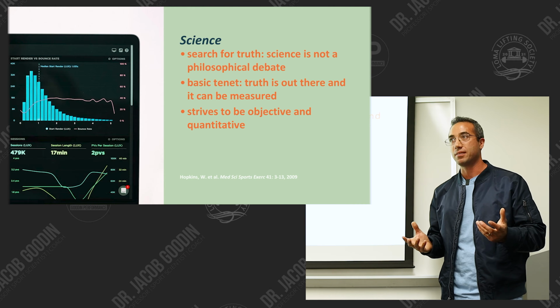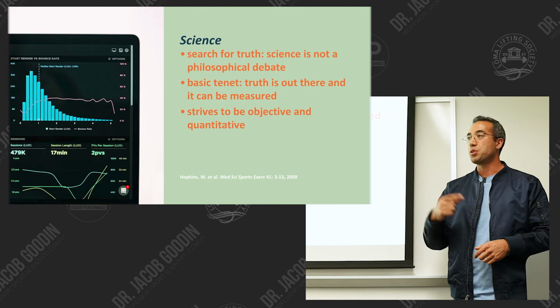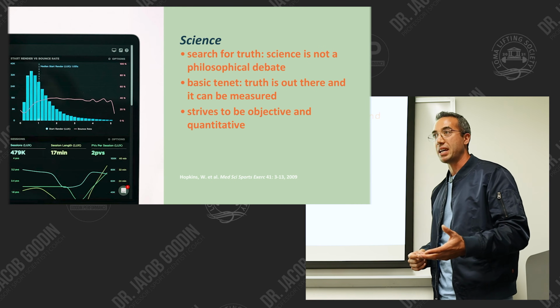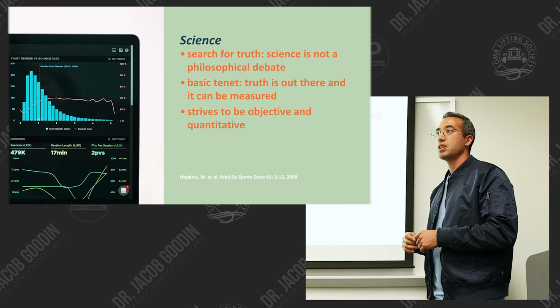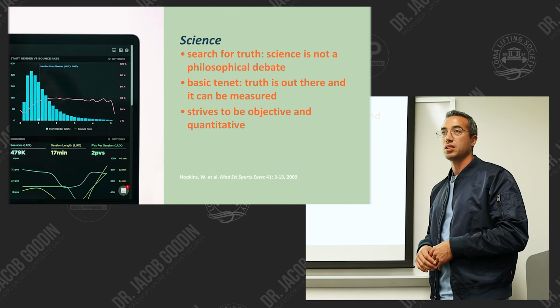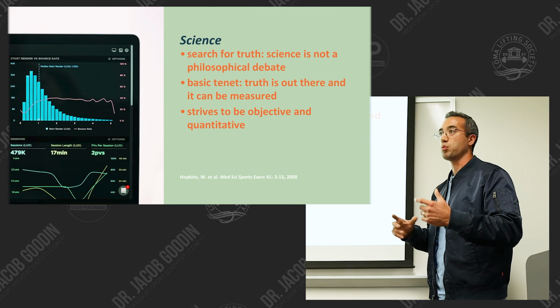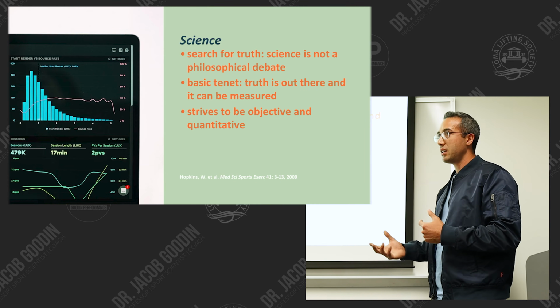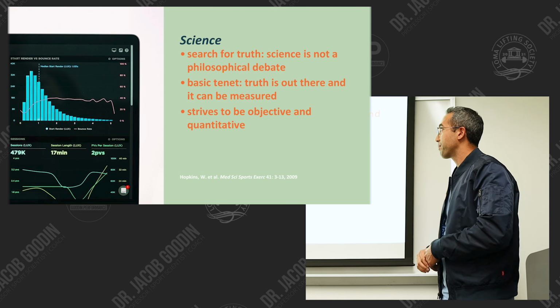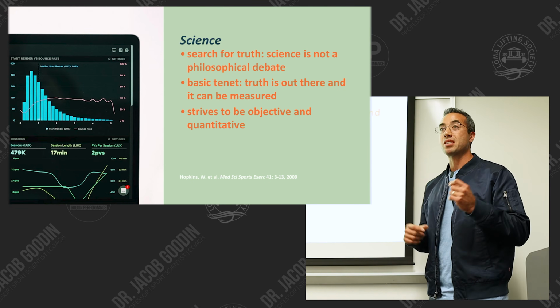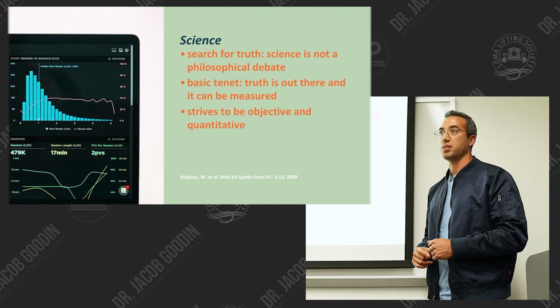It's not an opinion. It's not something that you think or a philosophical debate. It's a search for truth using empirical observations. We're trying to establish facts of what is, not what should be, not what you think it should be. The basic tenet is that truth is out there and it can be measured, okay?